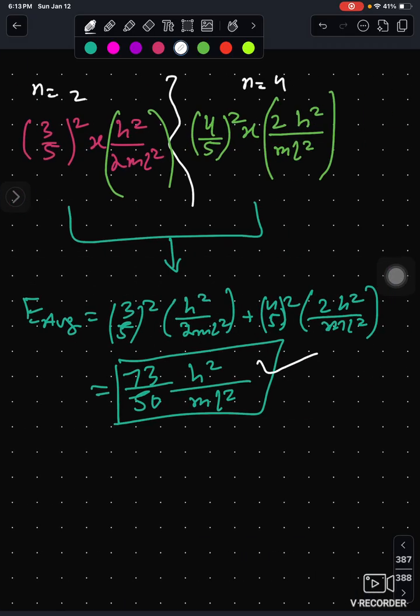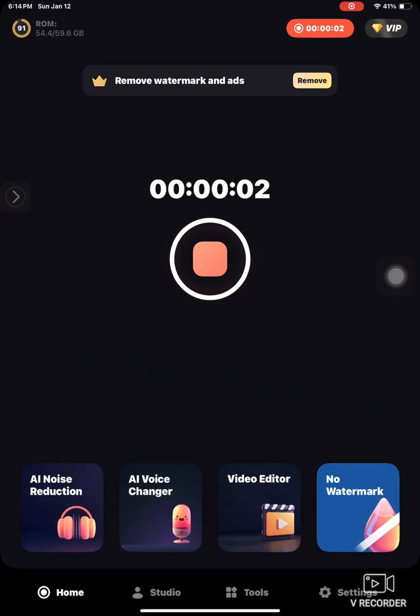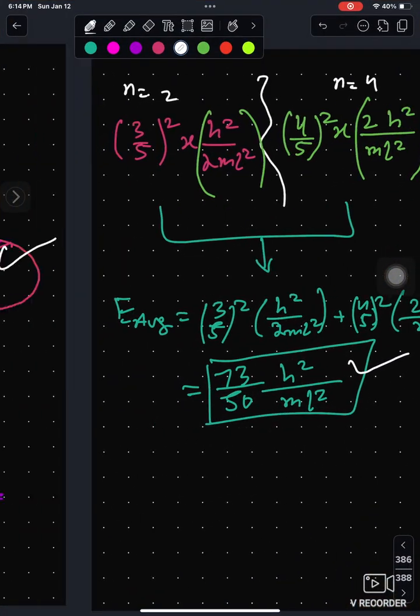Since they have the same, the average is 4 plus 8 divided by 2, which is 4 again. So this is one of the solving methods which we have.